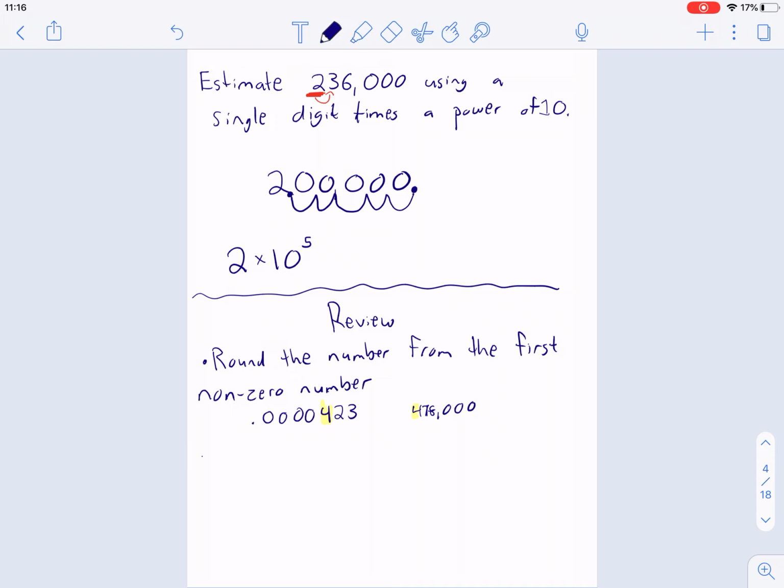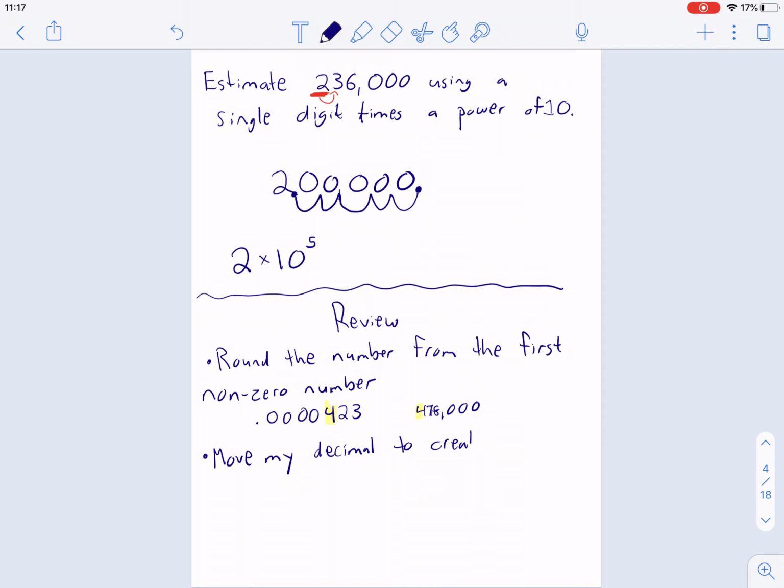The next thing I have to do is move my decimal to create a number between 1 and 10.